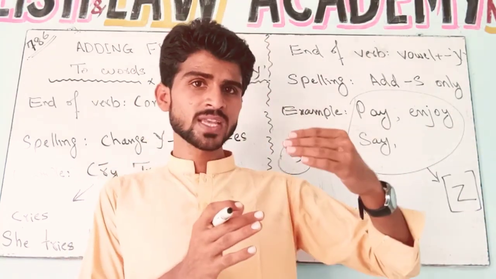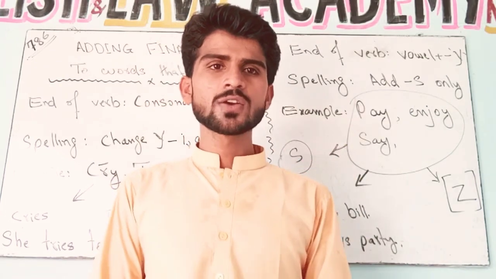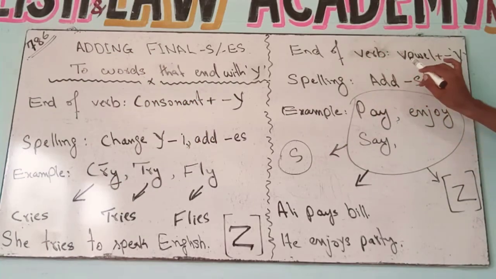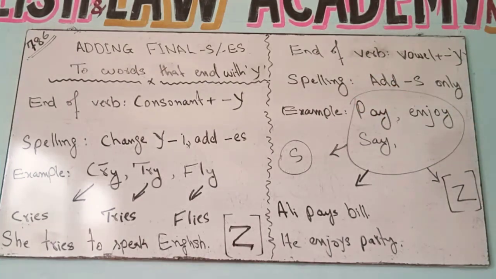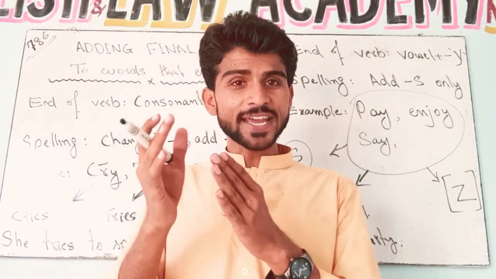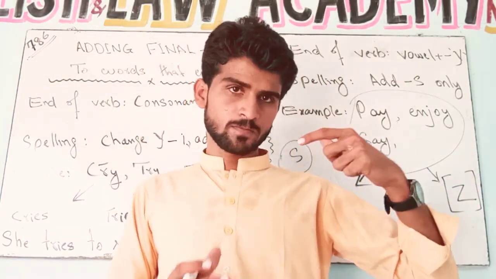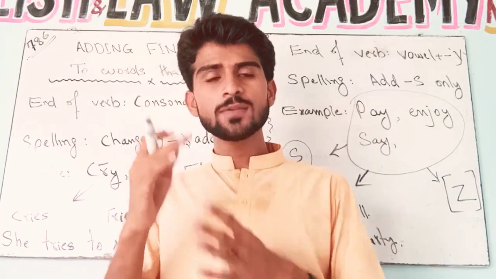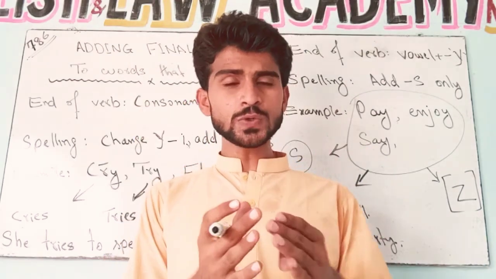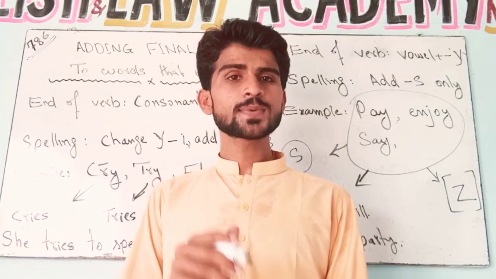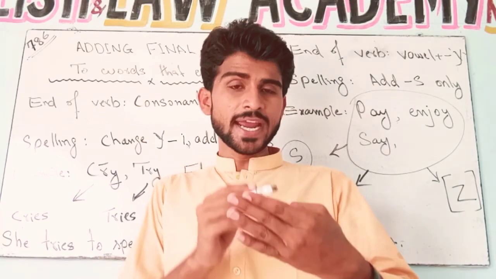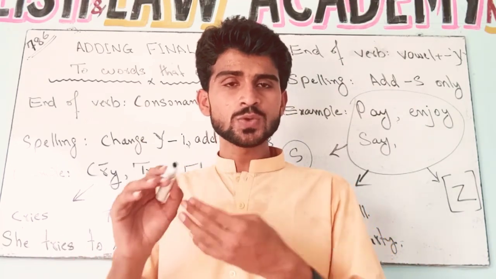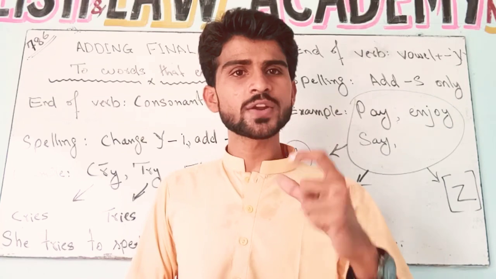In spelling, we have to add only S. If we use it in present simple tense, we only add S. We do not need to add IES or replace the Y. We just add only S.